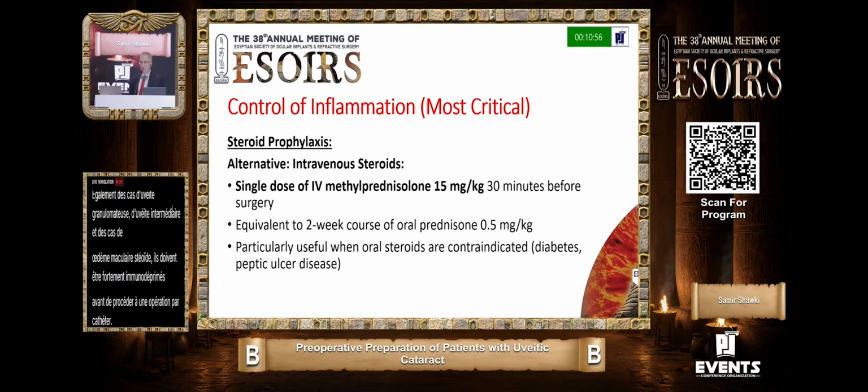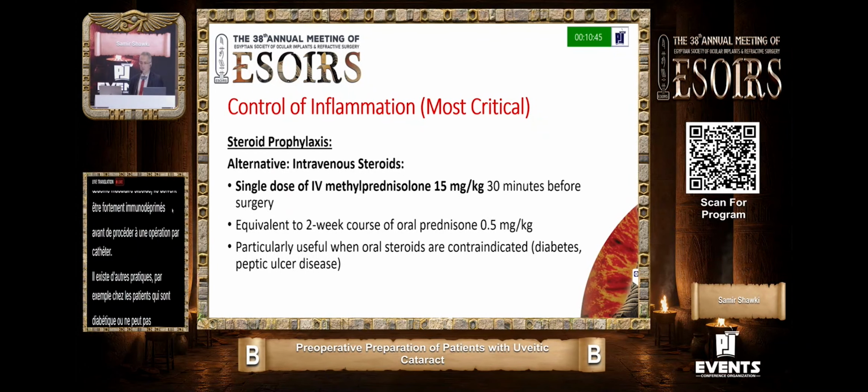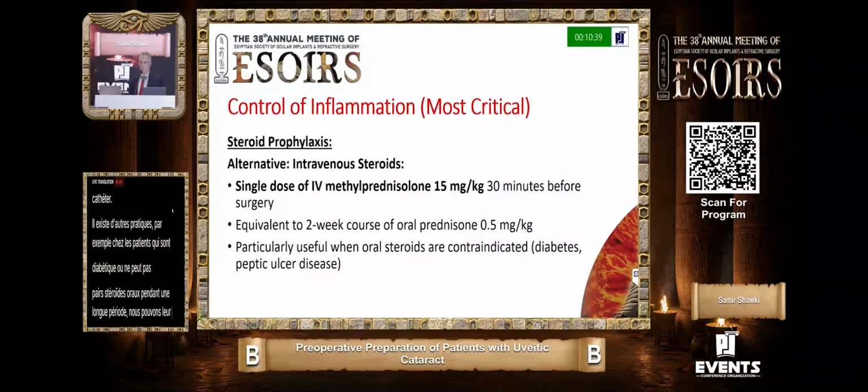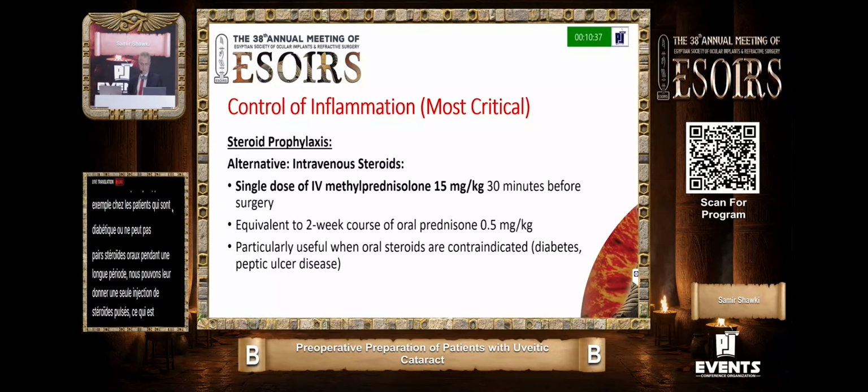So there are some other practices. For example, in patients who are diabetic or cannot take oral steroids for a long time, we can give them a single pulse injection of methylprednisolone acetate.